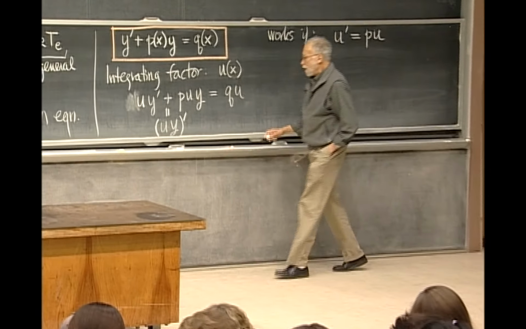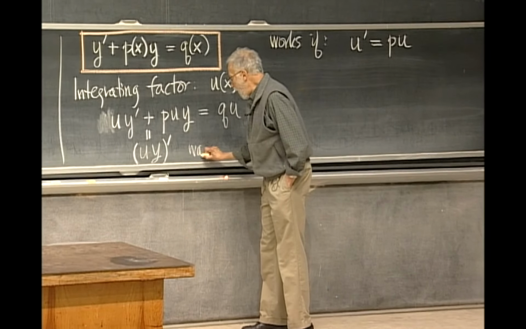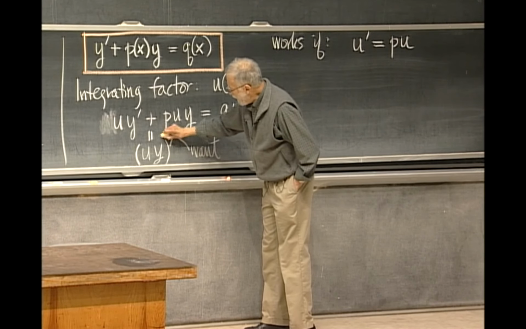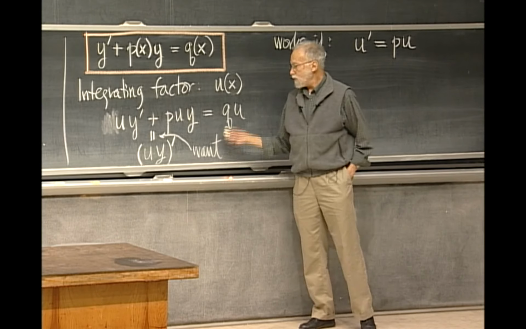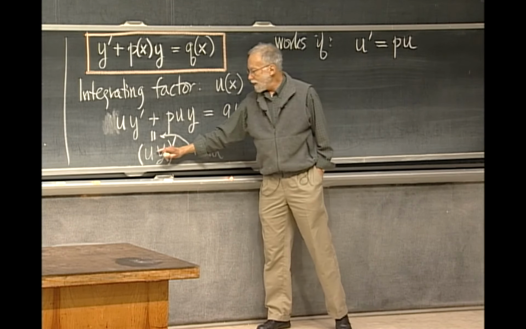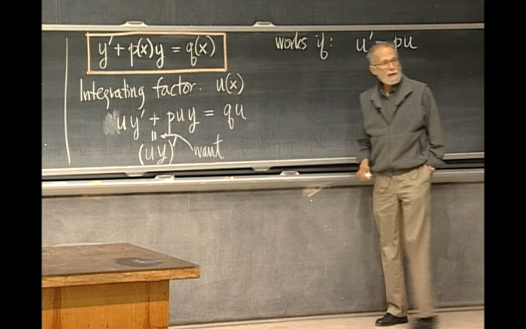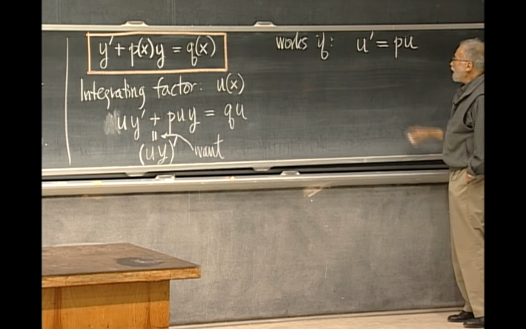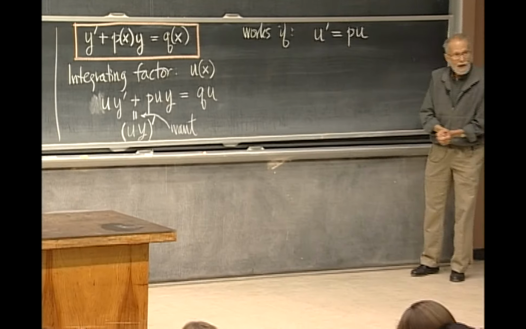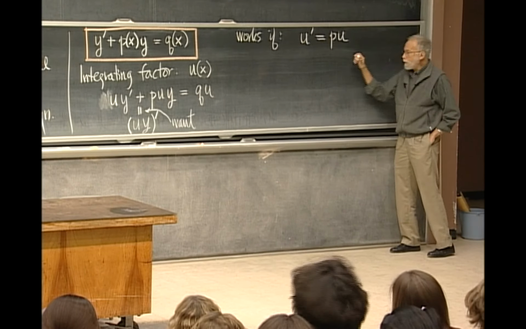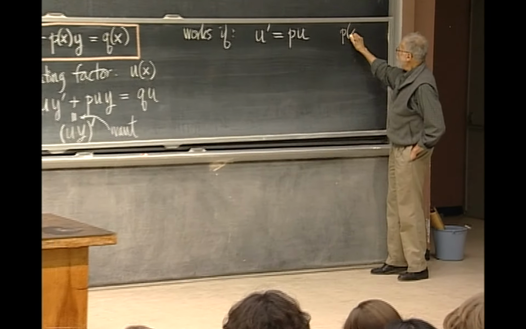So is it clear? This is something we want to be equal to, and I'll do it by choosing u in such a way that this equality will take place, and then I'll be able to solve the equation. So here's what u prime must satisfy. Hey, we can solve that, but please don't forget that p is p of x. It's a function of x.